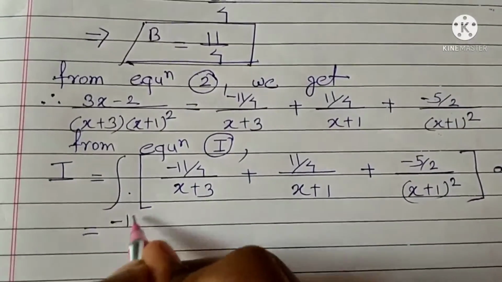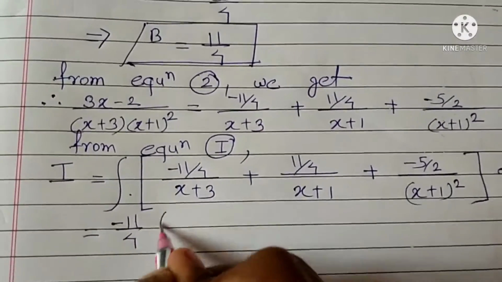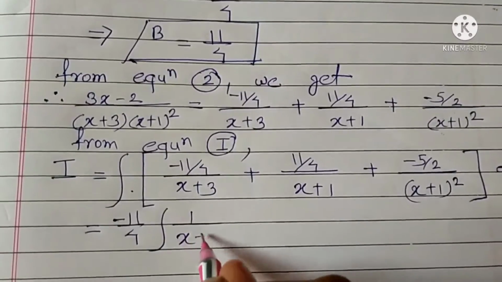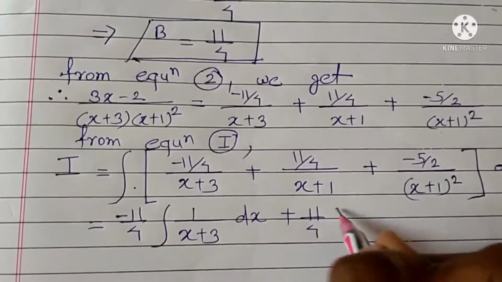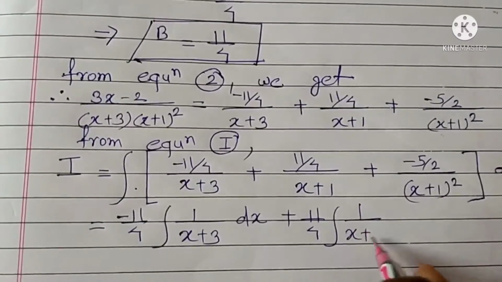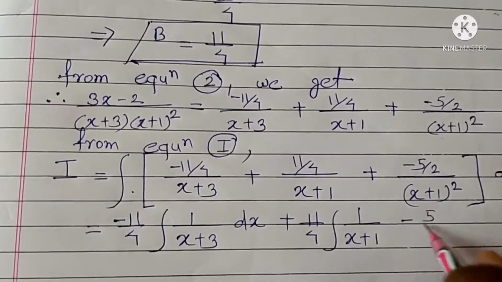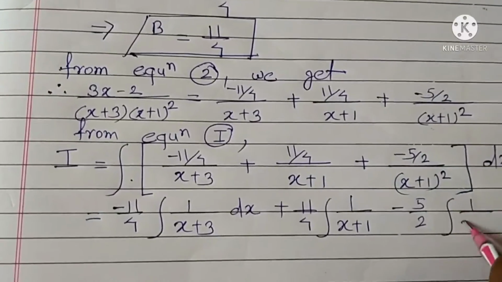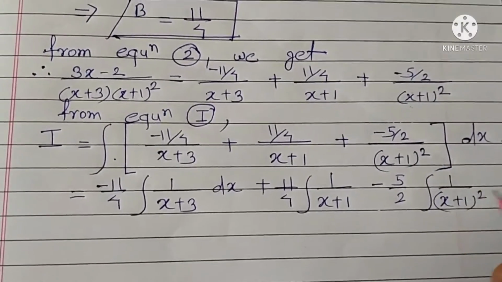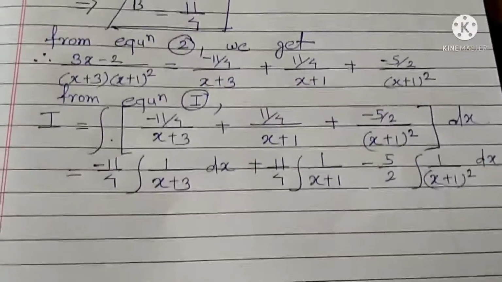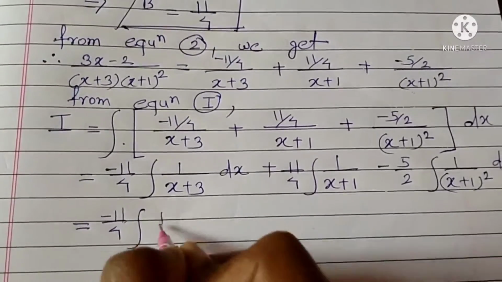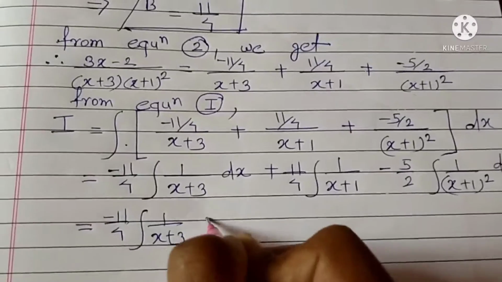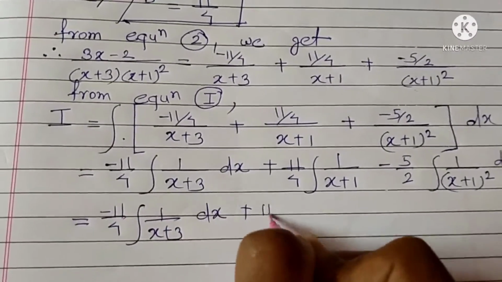So take -11/4 common outside of integration: 1 upon (x + 3) dx plus 11/4 integration of 1 upon (x + 1) minus 5/2 integration of 1 upon (x + 1)^2 dx. Minus 11 by 4, write it as it is.